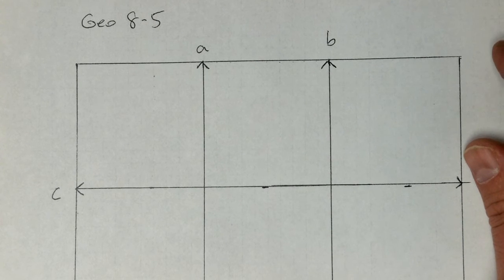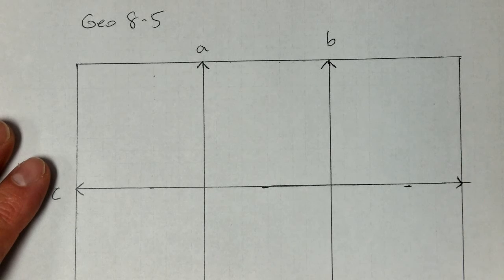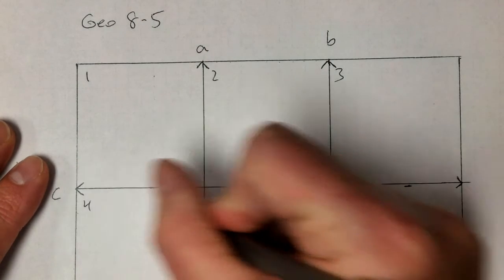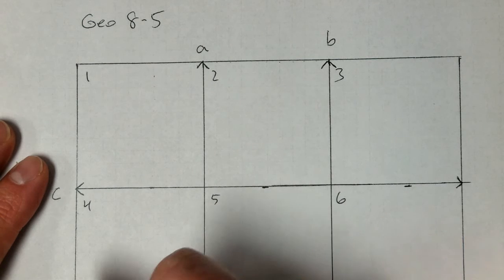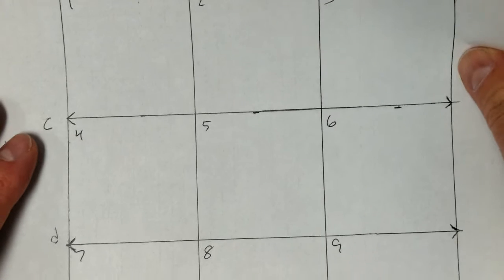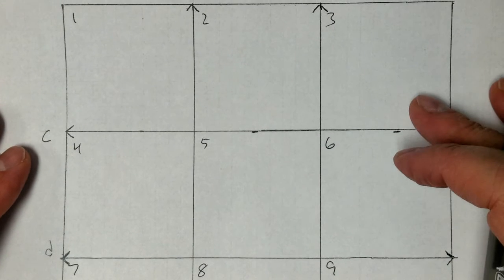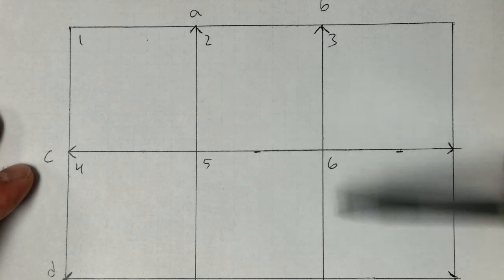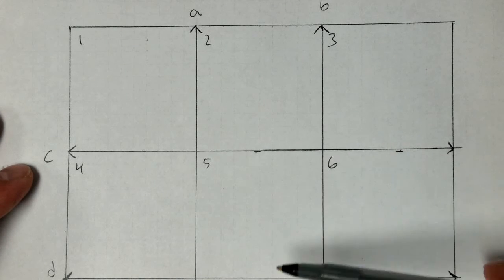Looks like one thing I forgot to do was label them. So let's call this 1, 2, 3, 4, 5, 6, 7, 8, 9. So go ahead and label those. Notice you have line A and B are vertical and C and D are horizontal.